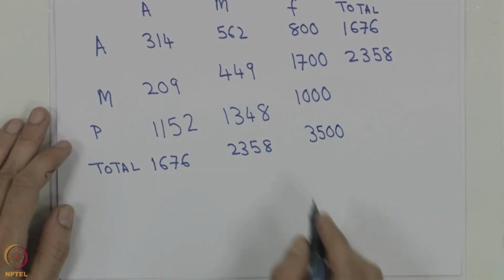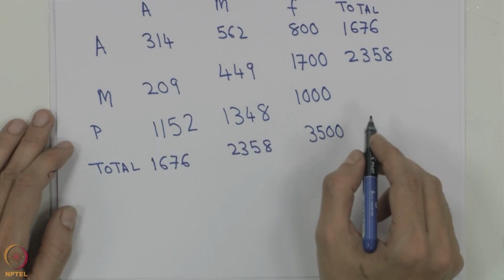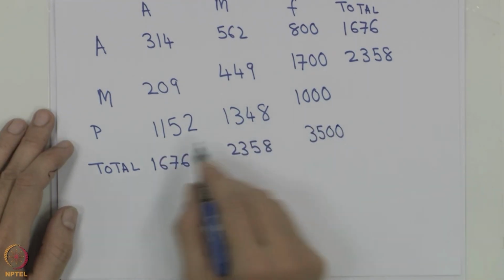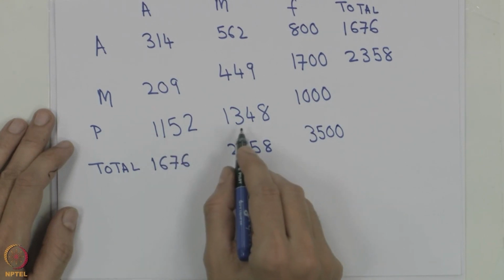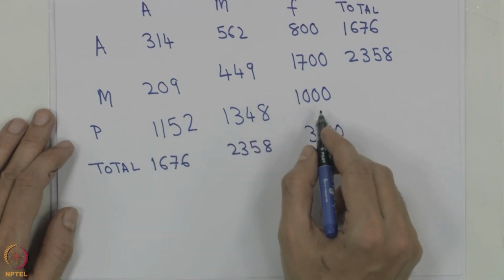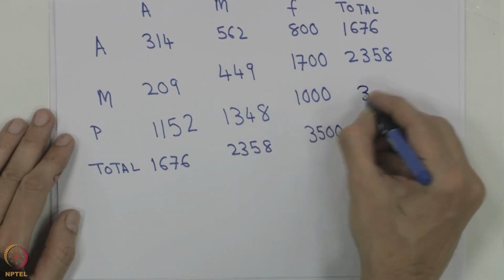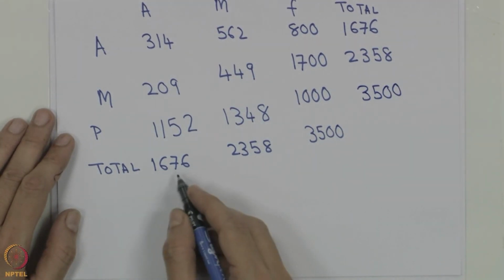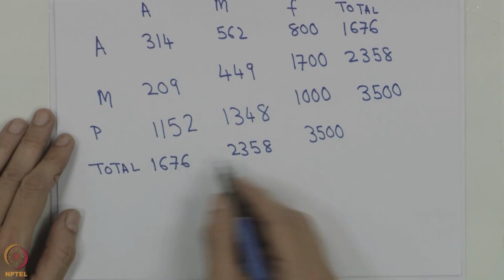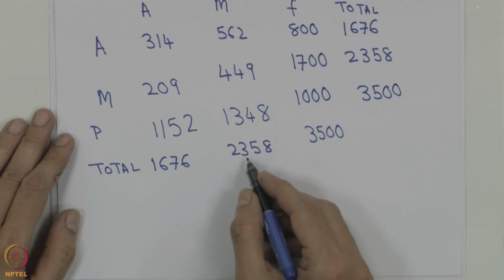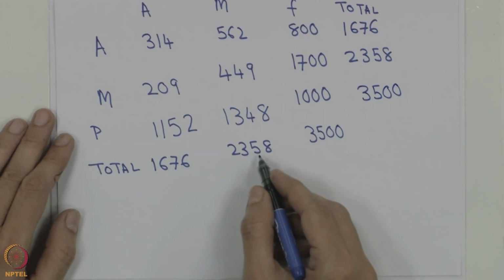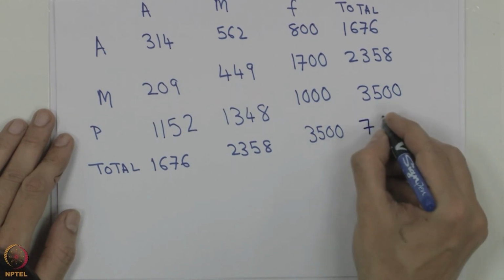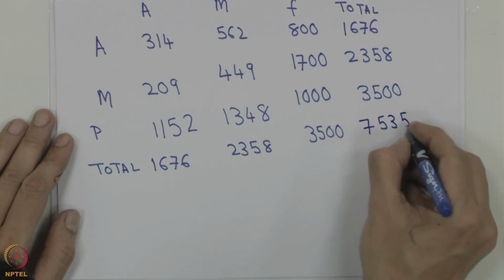When we look at this now, you will find that when you add this up, you get 1152 plus 1348 plus 1000, and this turns out to be 3500. Now, when we add this up, this will be 1676 plus 2358, we get total of 7535.